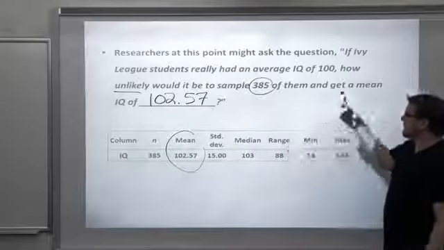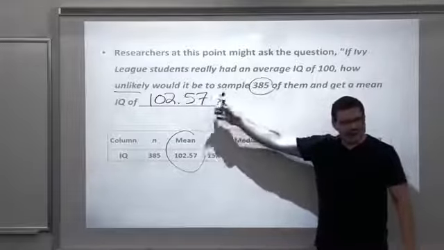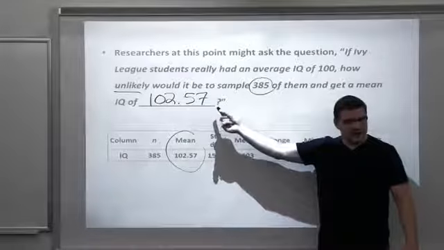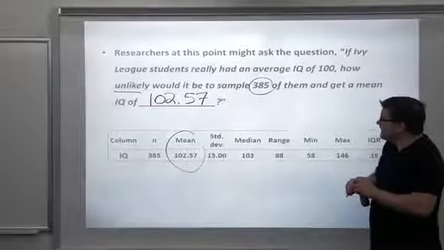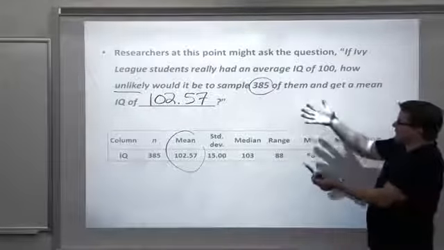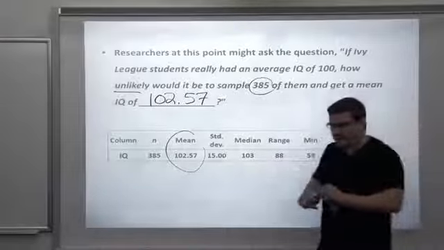So suppose Ivy Leaguers are just like the general population. Could that happen, or is that evidence that they have a higher IQ on average than the rest of us, the general population? Okay, this is sort of a little intro to hypothesis testing, which is where we're going in the last part of the course.